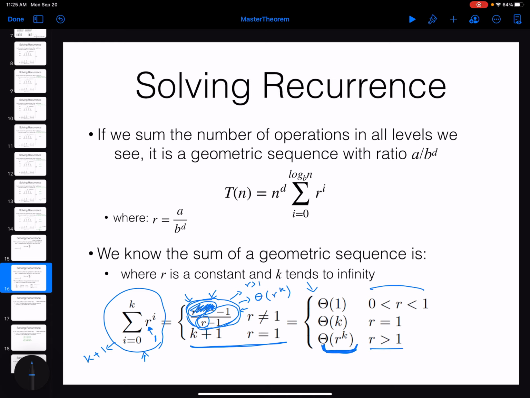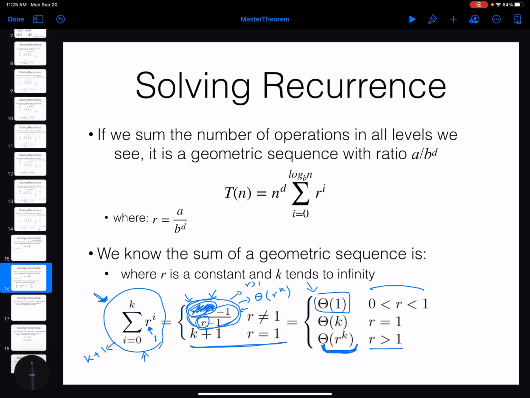That's why I'm saying that the result of this summation is going to be a fixed value. So that's why we write it as theta of 1. This is not going to be something growing. It is going to be some fixed value. So the result of this summation is going to be a constant value in case R is less than 1.